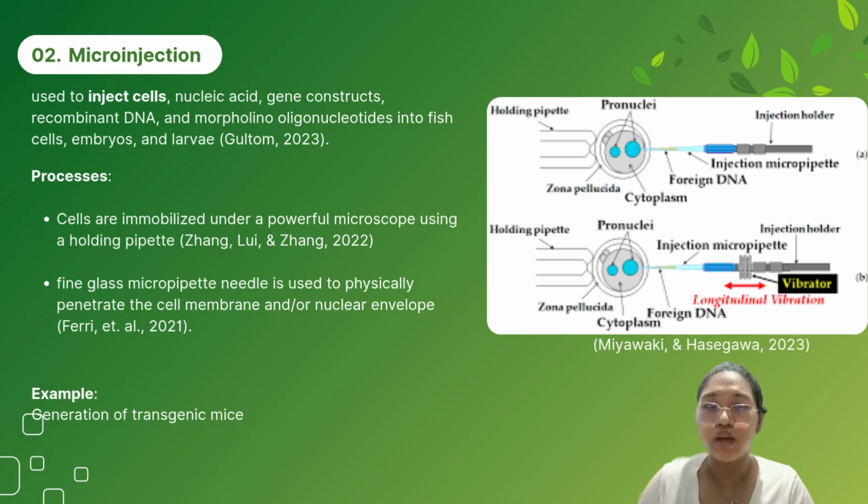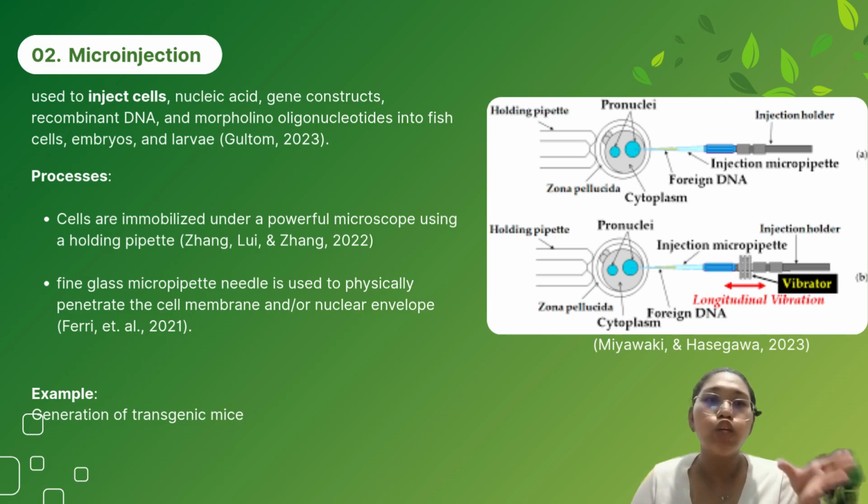Second is the microinjection. This is used to inject cells, nucleic acid, gene constructs, recombinant DNA, and morpholino oligonucleotides into fish cells, embryos, and larvae. Now, according to Zhang 2022, these cells are immobilized under a powerful microscope using the holding pipette.